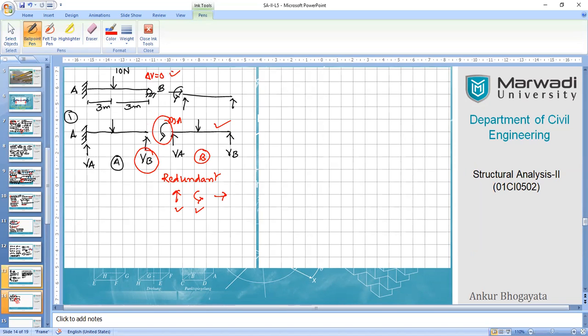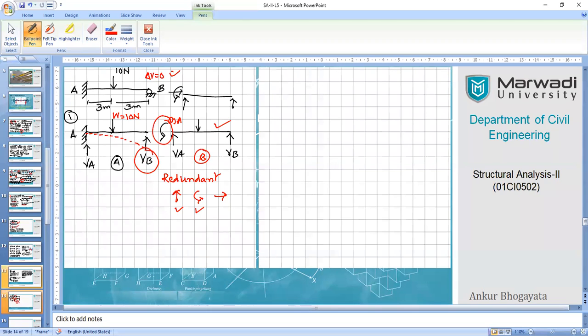Once you remove this reaction, there will definitely be a deflection, induced by the force applied over here, let us say W, that is 10 Newton. So there will be a basic deflection in this beam due to the applied load, the deflection due to the applied force.